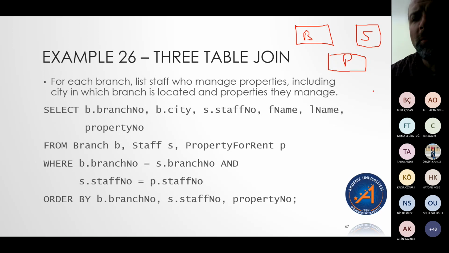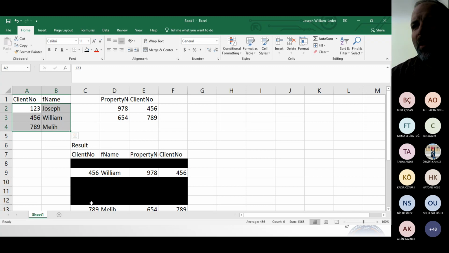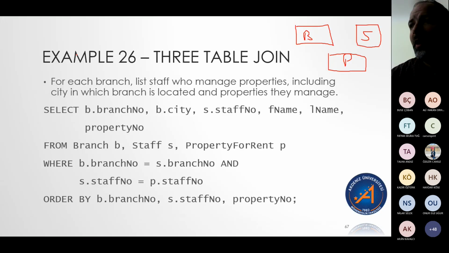Now remember what I showed you guys about how it did this whole cross product thing where it resulted in all of these extra rows that we didn't think we wanted, right? The reason for that was we took all the rows from here and mapped every row from here with every row from here. Well, that's happening in the 3 table join as well. It's saying, give me all the rows from the branch table with every row from the staff table, then take that and give me all of those results mapped to the property for rent table. So you see, I can get a lot of rows, right?